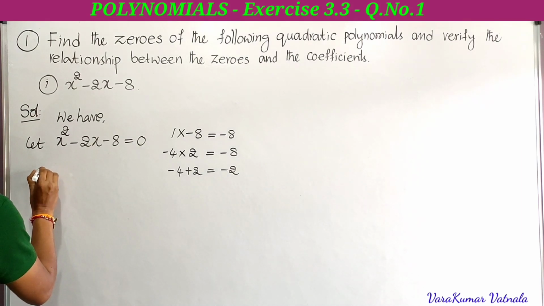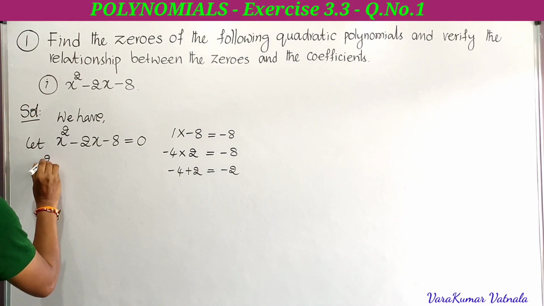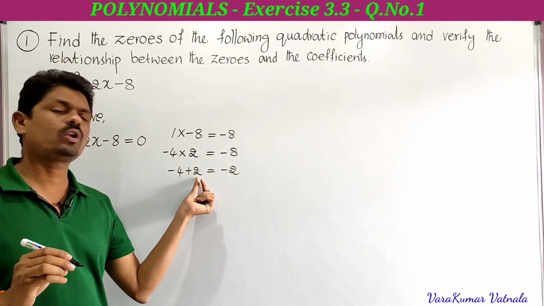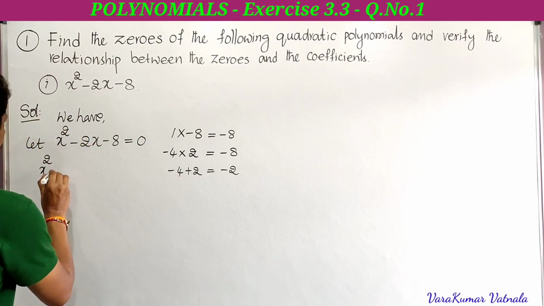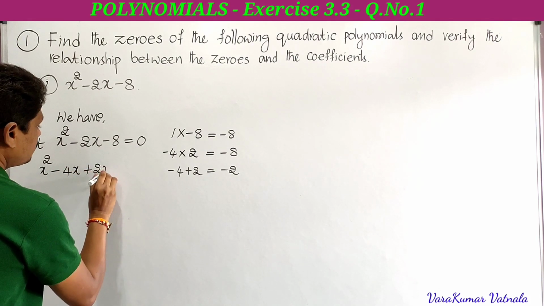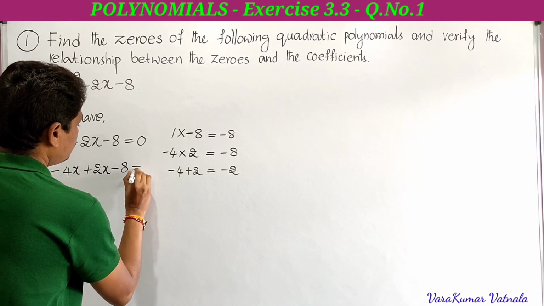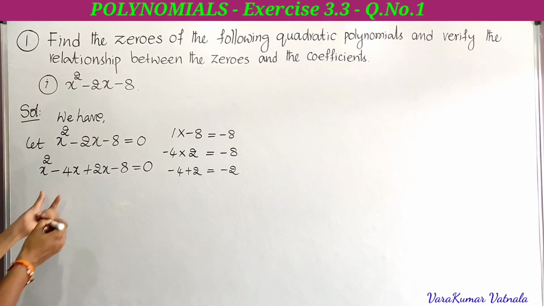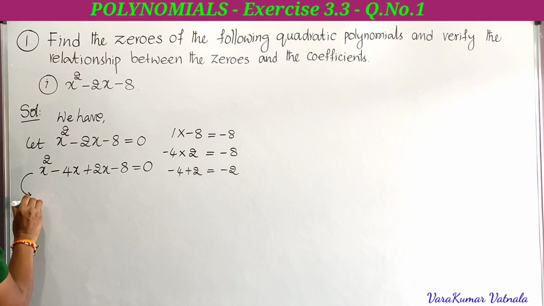Now see here, write x square as usual, but this minus 2x write as minus 4x plus 2x. So I am writing x square minus 4x plus 2x minus 8 is equal to 0. In the first two terms x is common, so I am taking x as common.